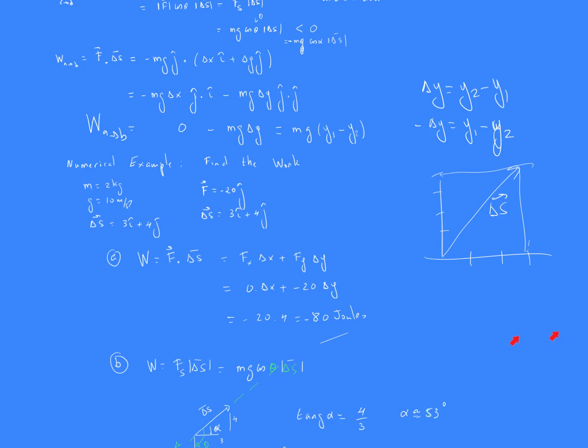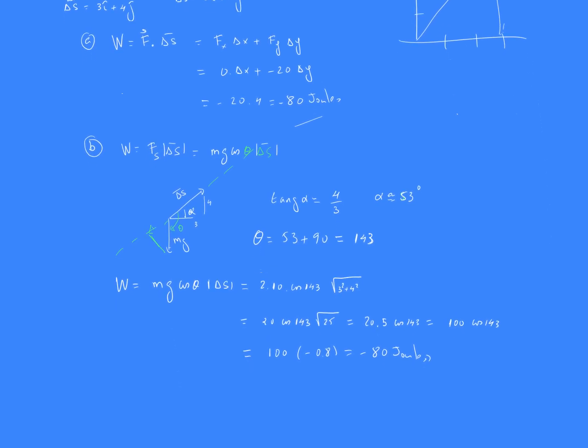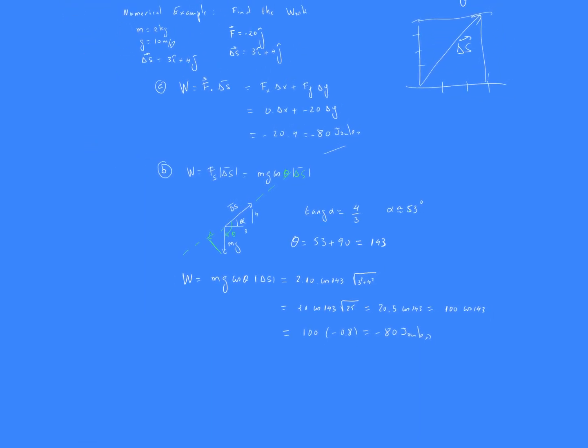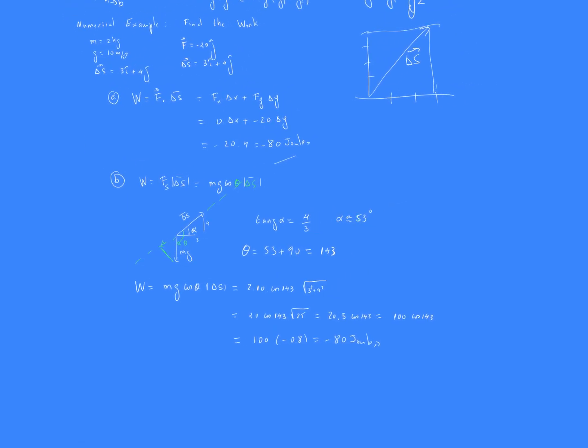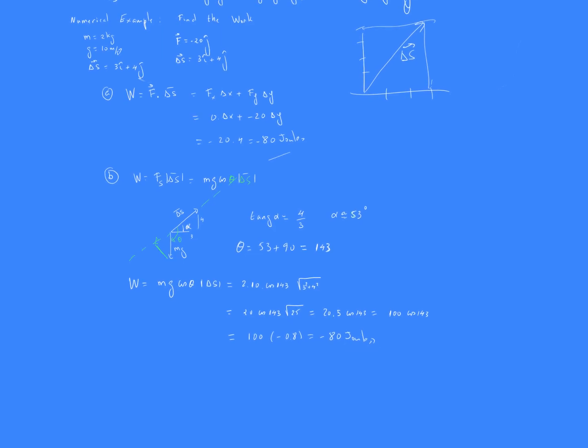Let's do it the way that we used to do it in class. The work is a little bit more sophisticated in what we do in class. What I want to prove to you is that using the dot product is a good tool to find it. The work is the force in the direction of the displacement times the displacement.